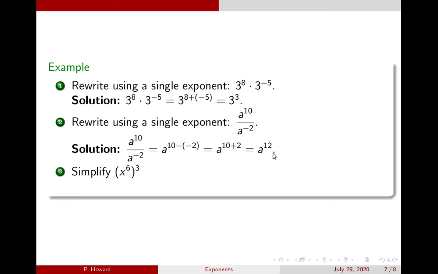And finally, simplifying x to the 6th, all to the third. This is the situation where you multiply exponents, so this will be x to the 6 times 3, and 6 times 3 is 18, x to the 18th for a final answer.